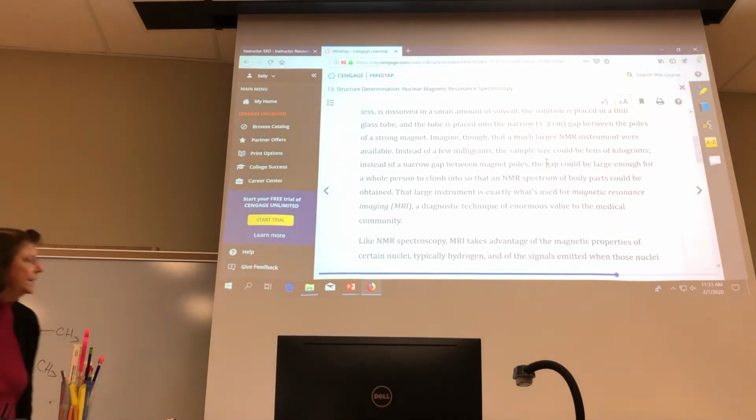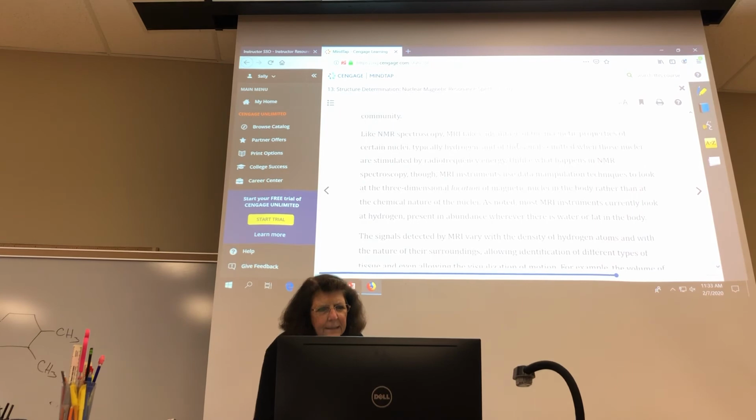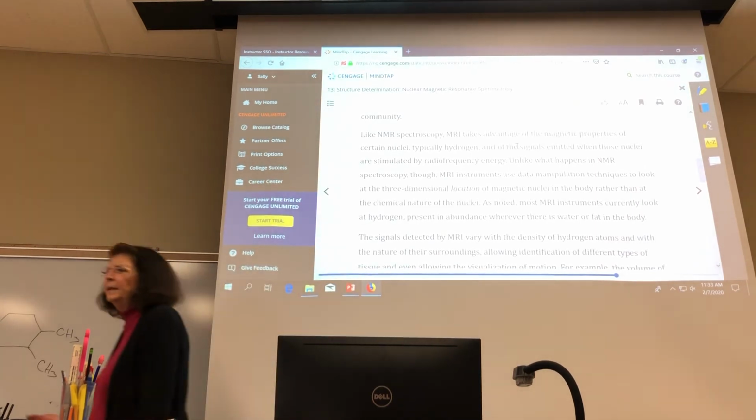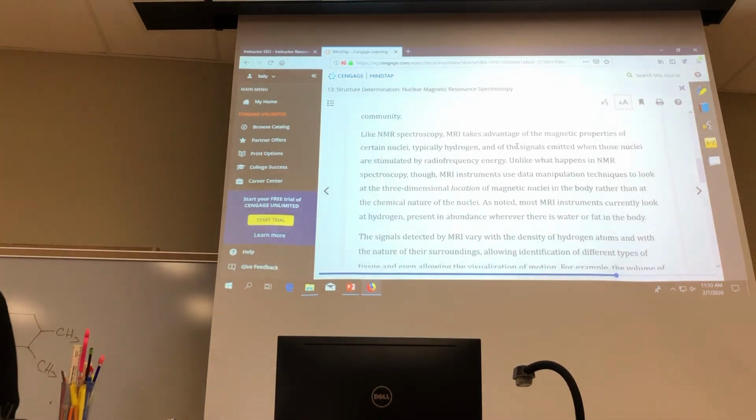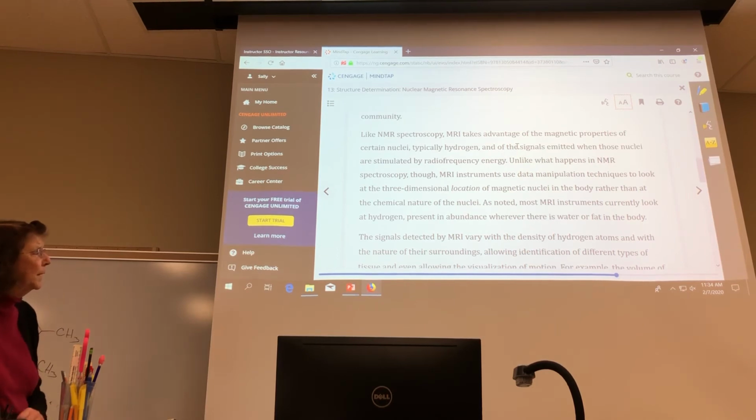Now, as you know, it's got a lot of use. So what it does is it typically looks at hydrogen. Again, as we talked about in our pre-lab, which I guess everyone's had. As far as the size of the magnet, it's a smaller magnet. It's not one like the huge ones, something that we don't put bodies in.